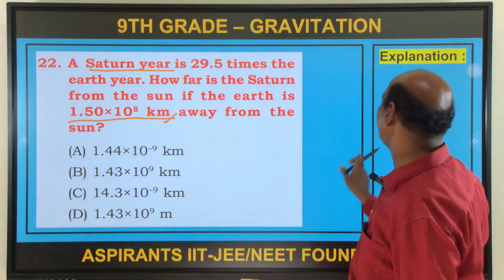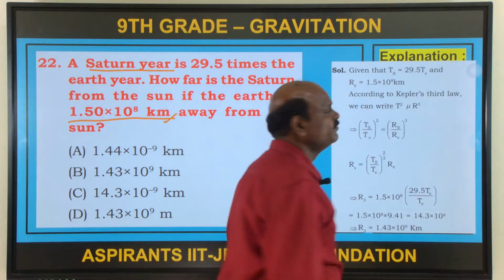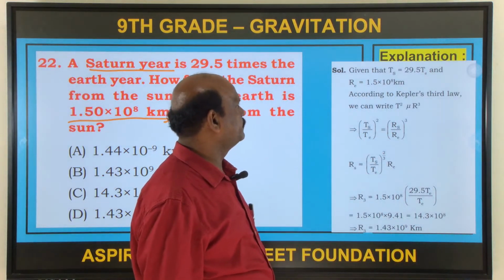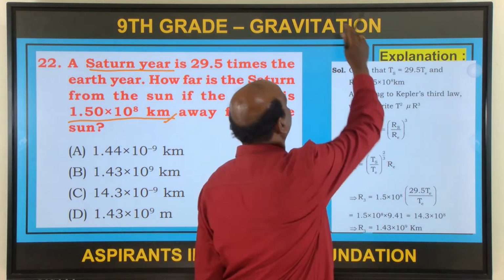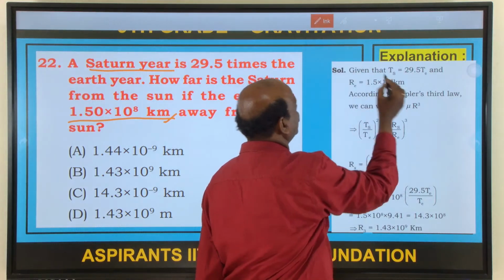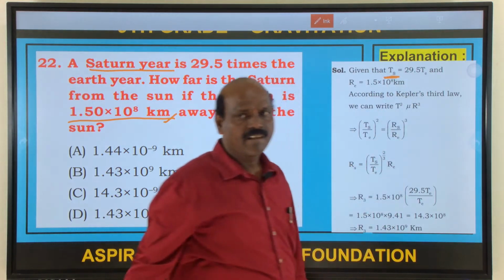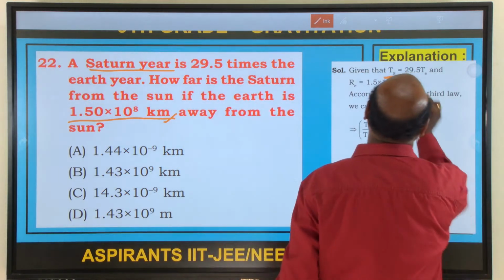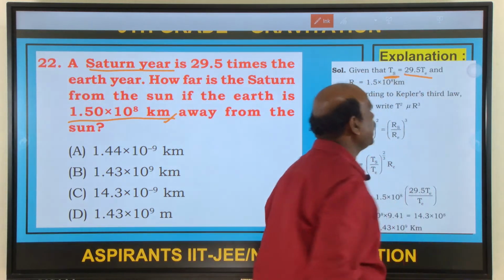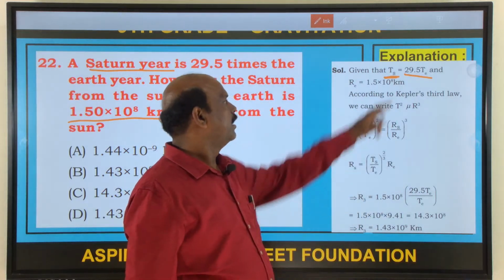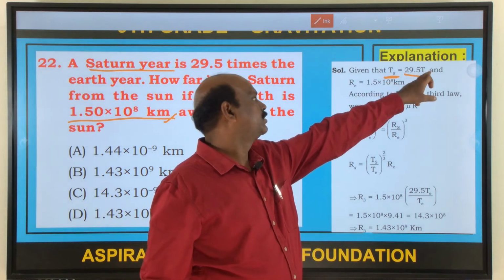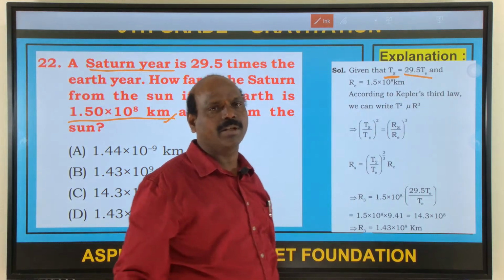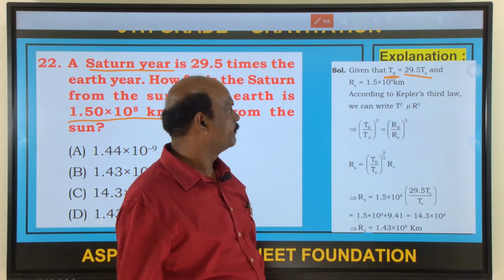So as we already know, the time taken by Saturn is 29.5 times that of Earth, where T is the time taken by the Earth to revolve around the Sun.